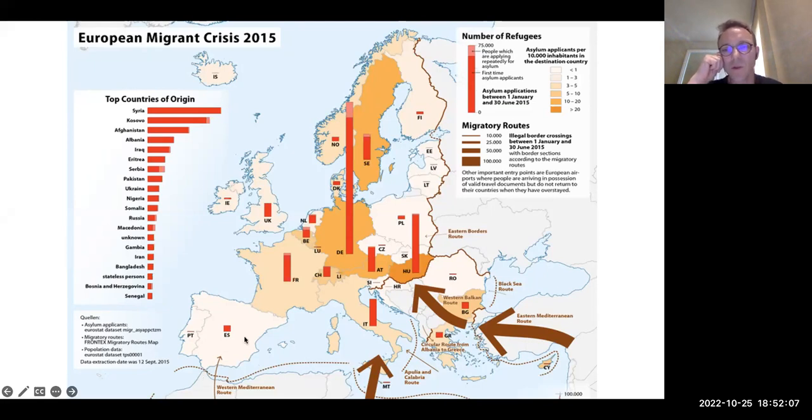So these are the classical routes. Now, of course, with the Ukraine crisis, a lot of refugees, temporary protection beneficiaries, are coming from Ukraine. All these migrant routes have a first country of entrance for those people, but then they move on to other countries.